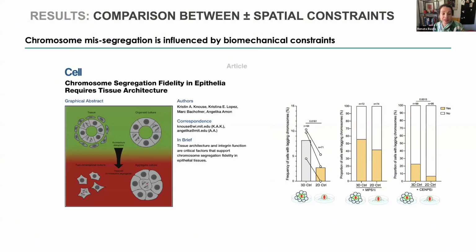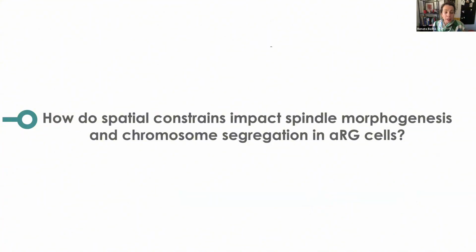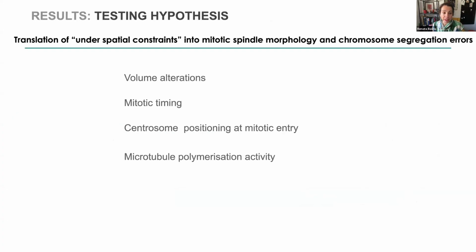We are aware, of course, that this may contrast with what was shown by Christine Nauss and Angelika Heyman a few years ago, but I think this is most likely explained by differences in the cell type being studied. So now the question is, how do spatial constraints impact spindle morphogenesis and chromosome segregation?